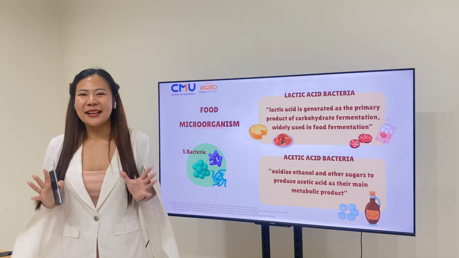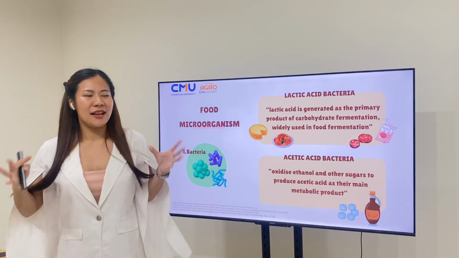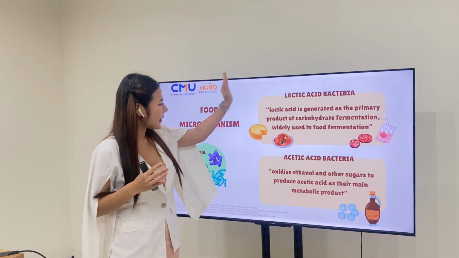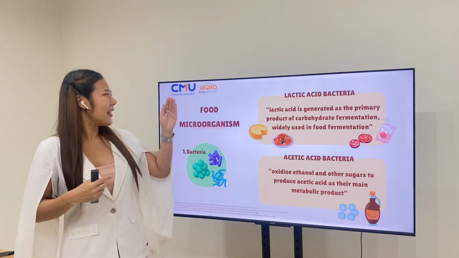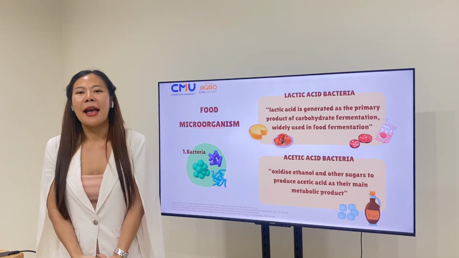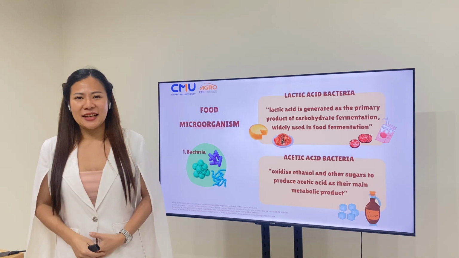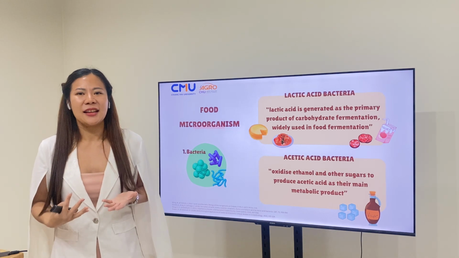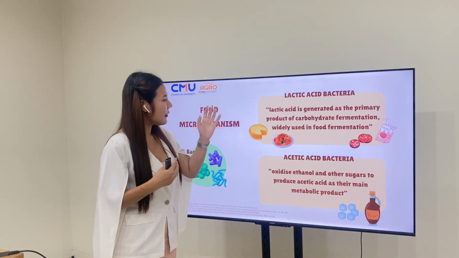The crucial bacteria in the food sector can be divided into lactic acid bacteria and acetic acid bacteria. The lactic acid bacteria are gram-positive and produce lactic acid from carbohydrate fermentation, typically used in vegetable, meat, and dairy production.